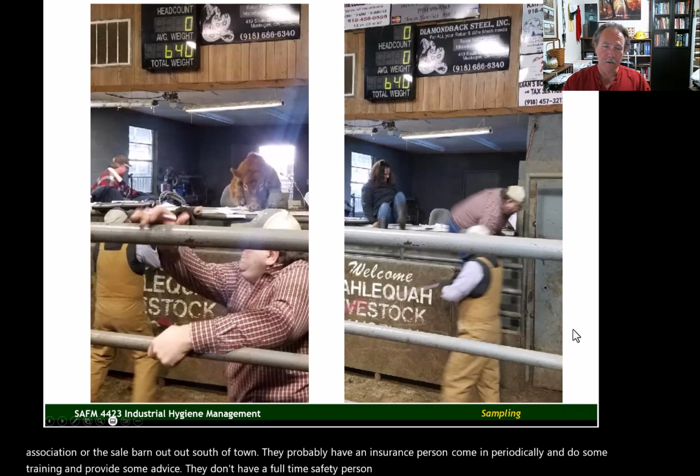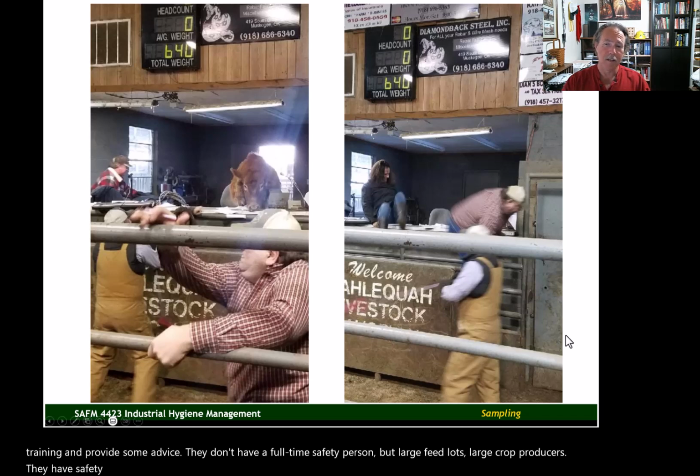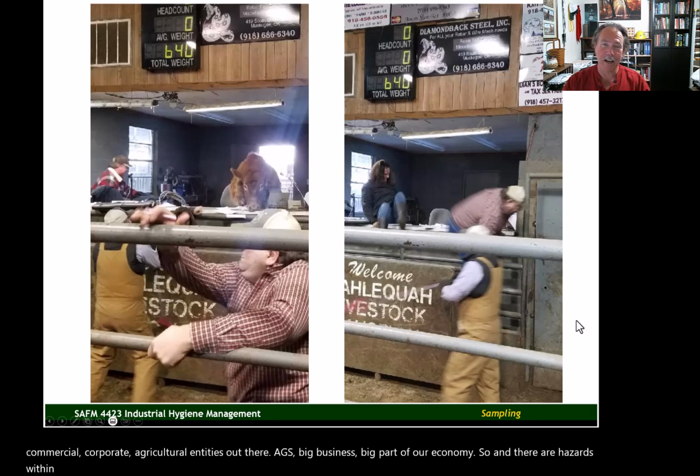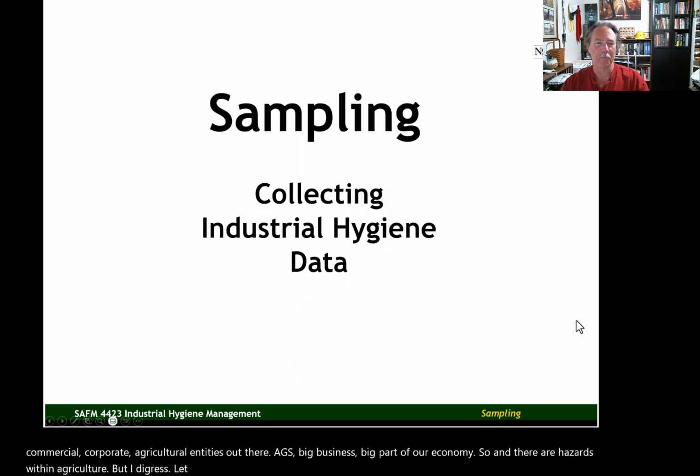But large feedlots, large crop producers, they have safety professionals. Some may even have industrial hygienists. Companies like Monsanto or Agricor, there's a lot of big commercial corporate agricultural entities out there. Ag's big business, a big part of our economy. And there are hazards within agriculture. But I digress. Let me move on to sampling.